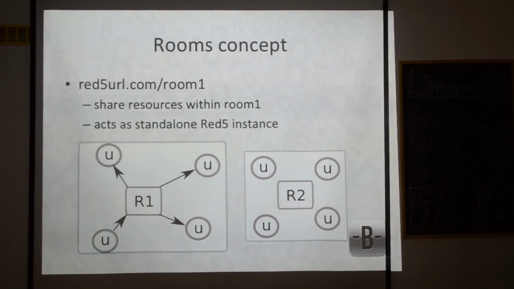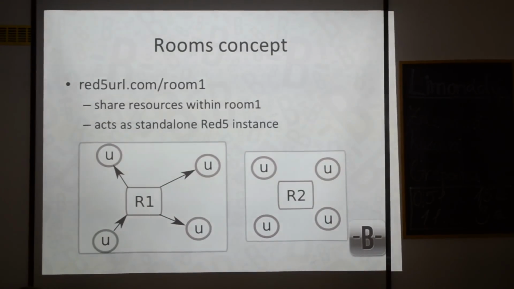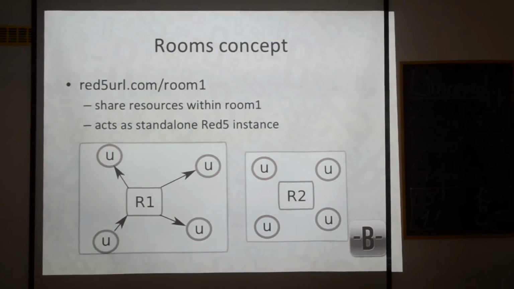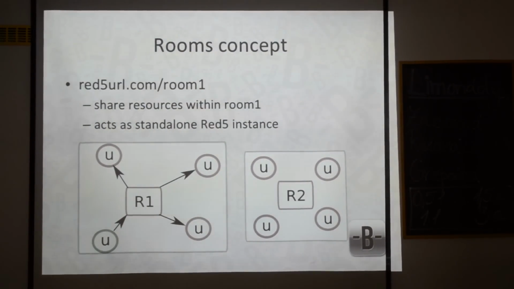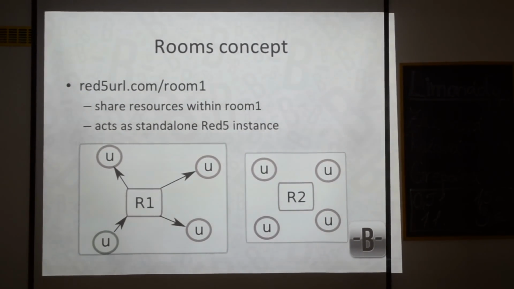It is kind of cool, especially for video calling via web, where you want to have separate rooms for separate people. Each such room works as a standalone Red 5 instance, so it's kind of cool to use the rooms for calling.